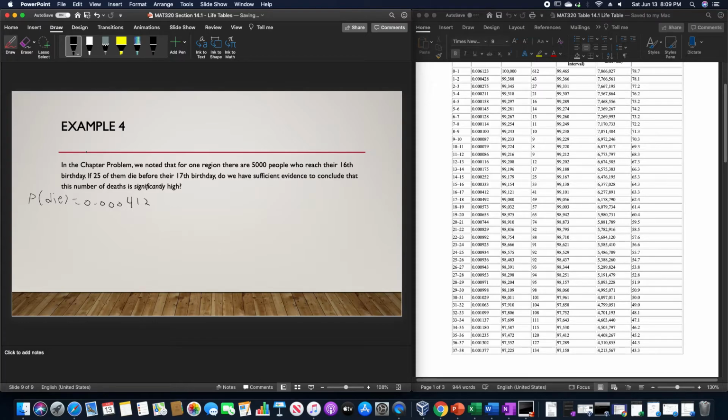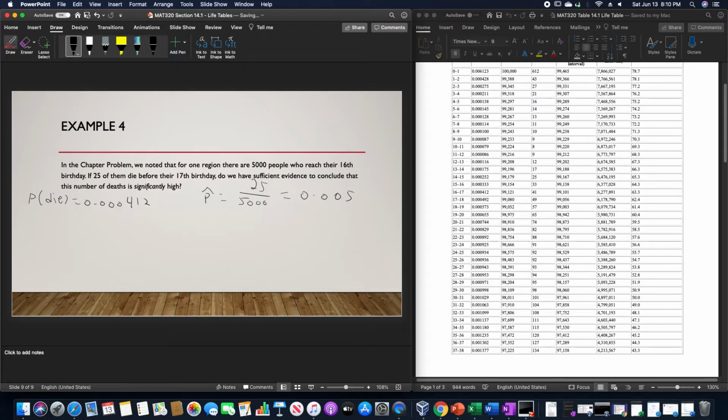But this refers to originally the 25 deaths among 5,000 people during the age interval. For this region, the proportion of actual deaths, we would take p hat to be 25 out of 5,000. This would give us a value of 0.005, less than 1%, as you can imagine.